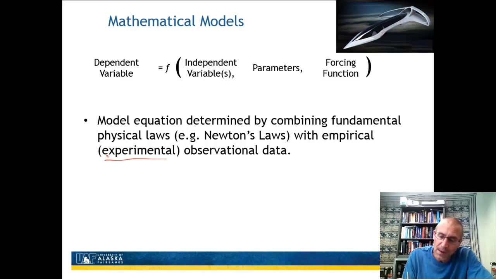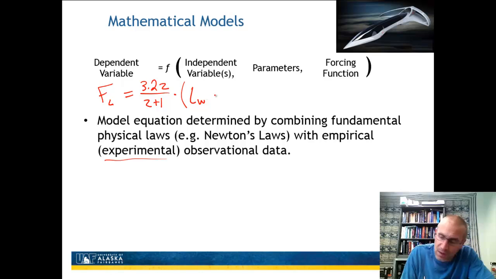So, for example, let's look at this plane, and say we were trying to determine what the lift force was on this. We might end up doing a lot of analysis to determine that maybe it's a function, in terms of its independent variables, of where it is located in the atmosphere. So maybe that is some weird function like 3.2z over z plus 1, where z is the elevation. And then we maybe multiply that by some parameters.